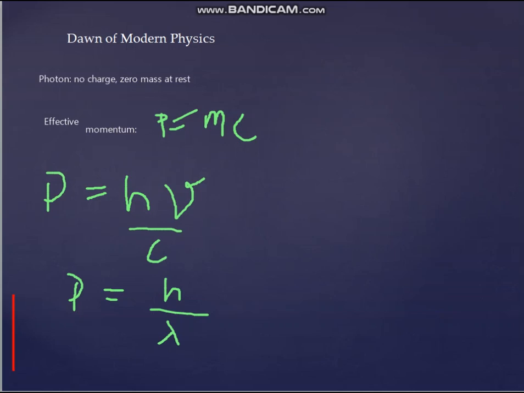So let's move on to another topic, which is interaction of photon with matter.